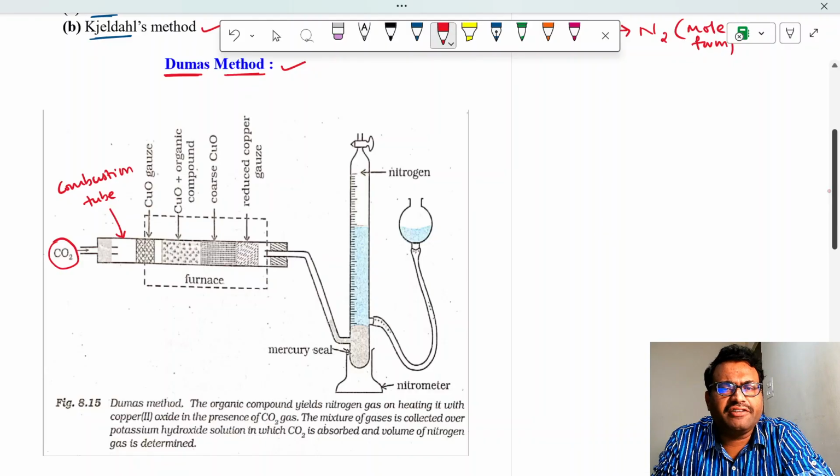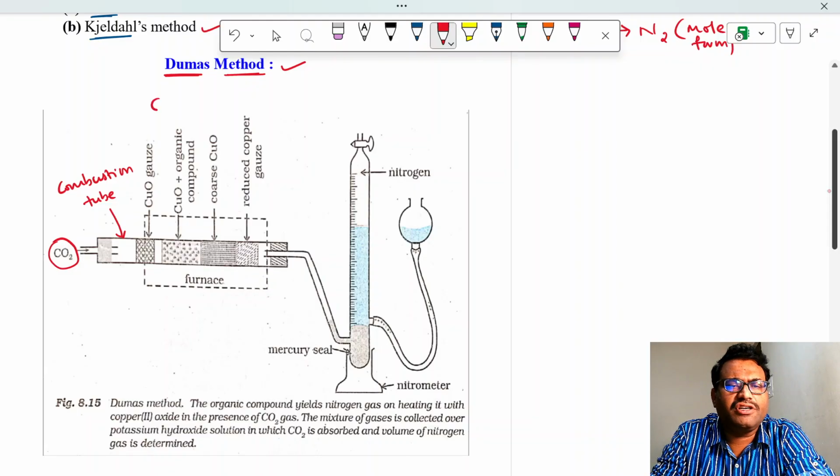So you are heating the organic compound with cupric oxide. You are finding here CuO plus organic compound.